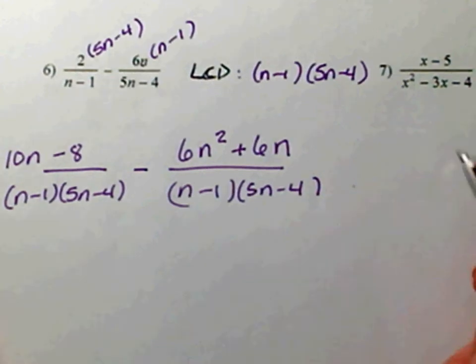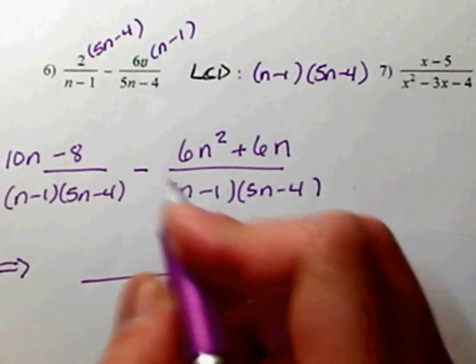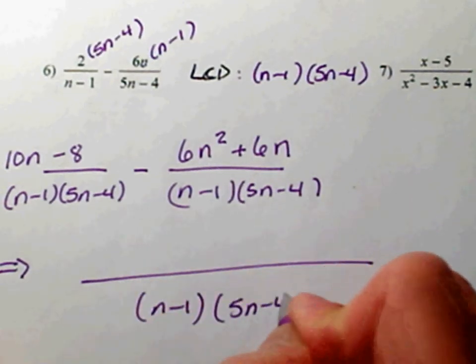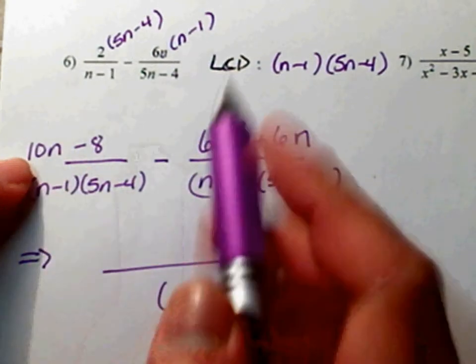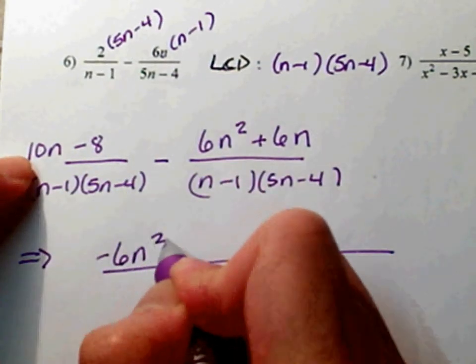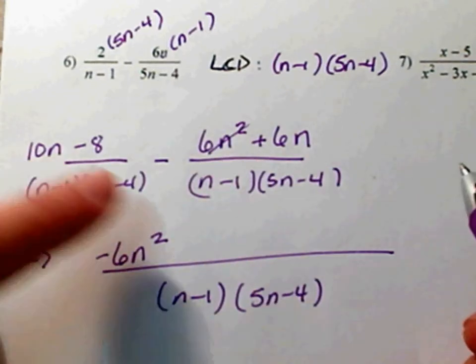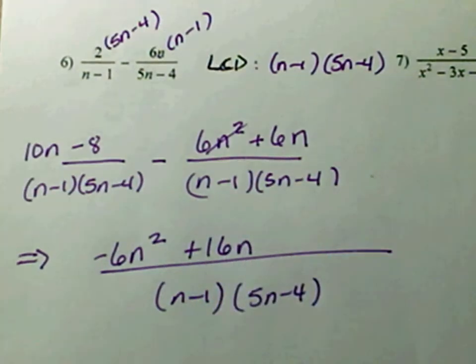Rewrite them as one fraction. N minus 1 times 5n minus 4. Combine your like terms. I'm going to write that first. Negative 6n squared. Okay. 10n plus 6n is plus 16n minus 8. See if you can factor anything out.